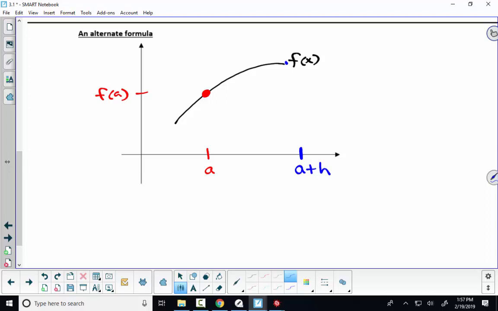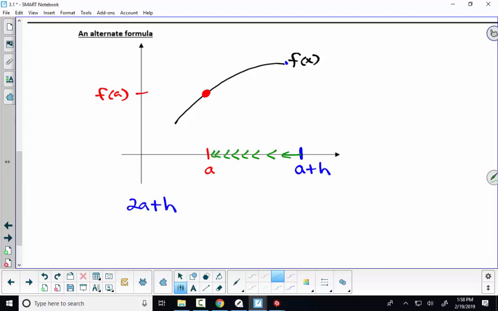But in order to find the slope of the tangent line at a, what has to happen to a plus h? Just like in chapter 2, that point has to get closer to this point. How do we make a plus h get closer to a? All I want to do is make this point approach this, or this value approach this value.